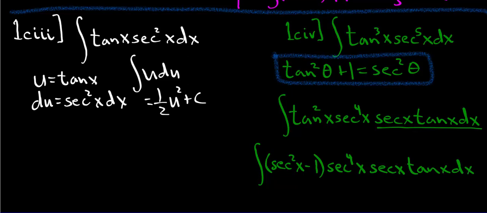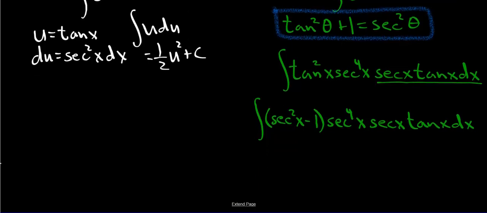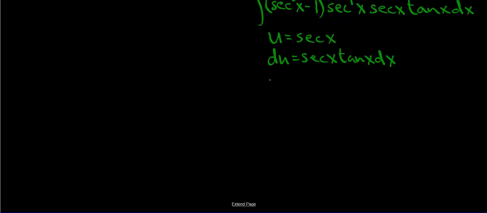Now I can let u be secant. So if I let u be secant, then du is secant x tan x dx. There it is. That's what we wanted. So now we have u squared minus 1, u to the fourth du.